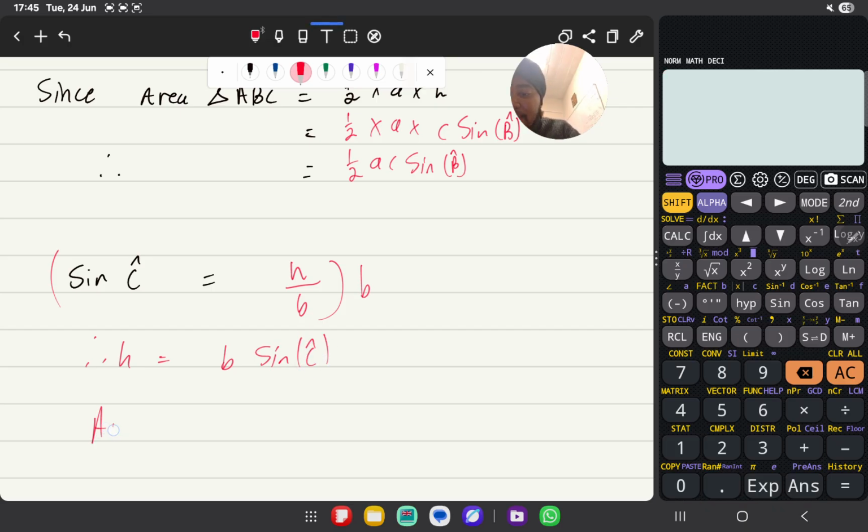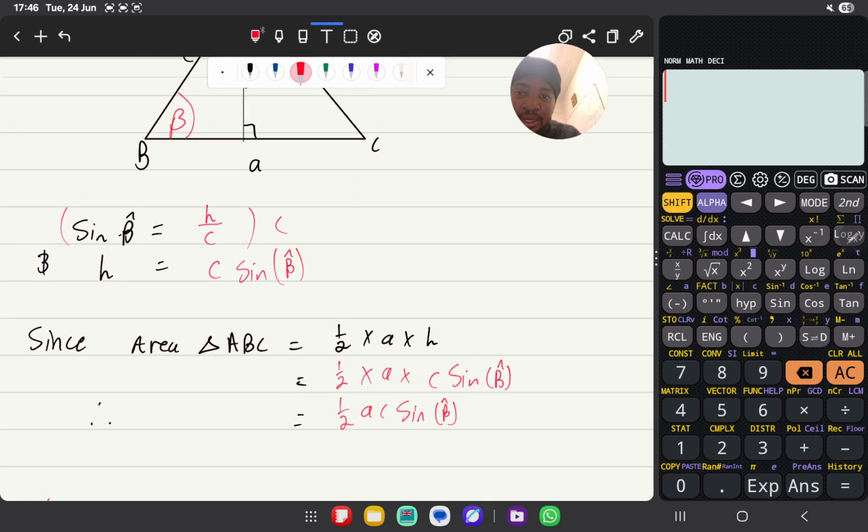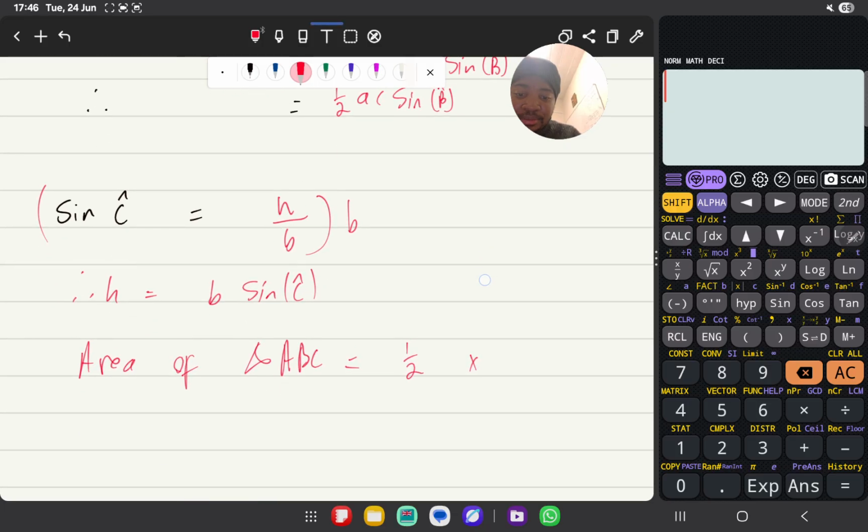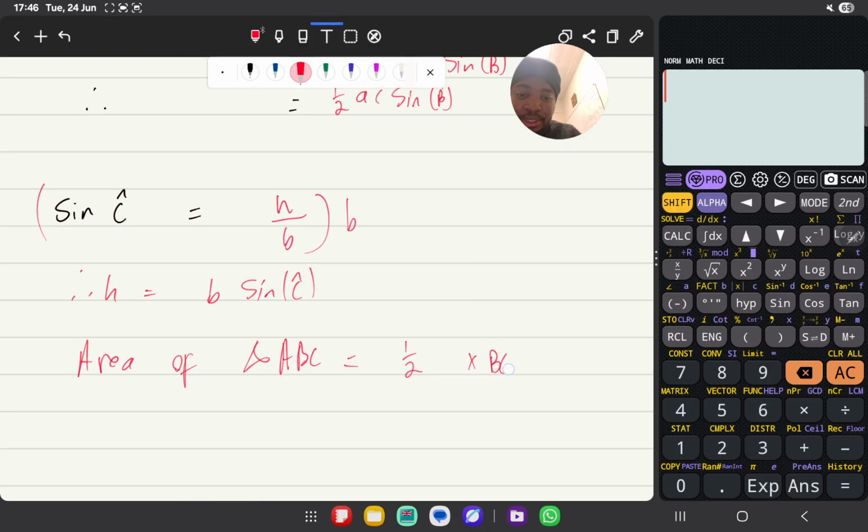Now the area of triangle ABC is equal to half base, let me say BC, times perpendicular height, right?